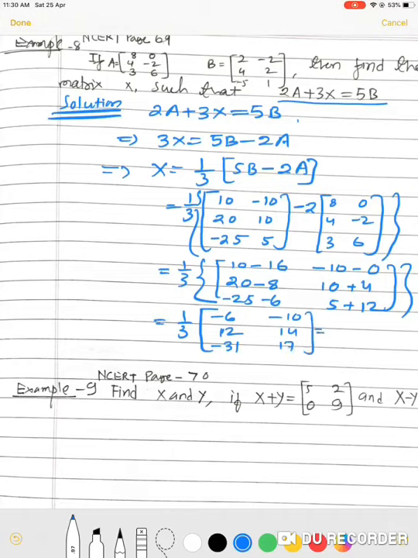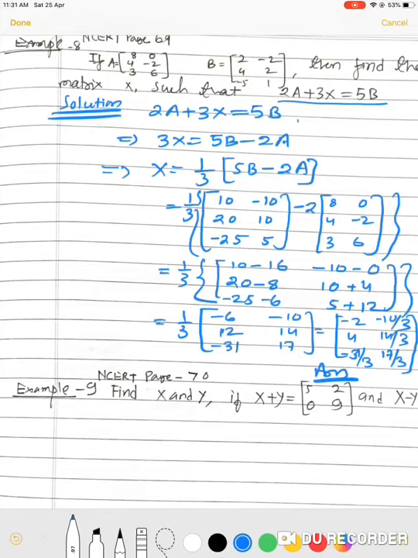So we get here X is equal to minus 2, 20/3, minus 11, minus 2, minus 1/3, 17/3. It is the answer.